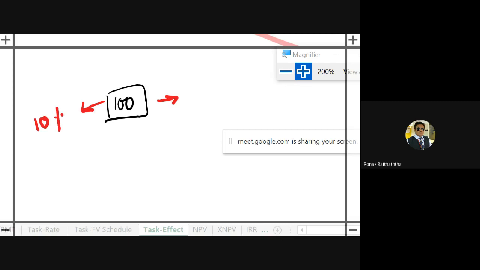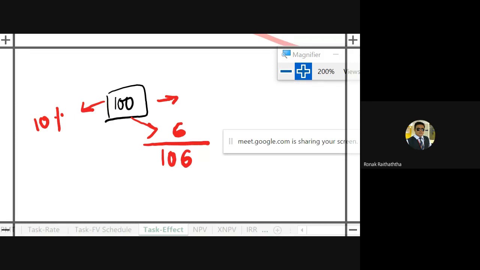Try to understand this. Now this gives you the 6 monthly return compounded 6 monthly. So on 100 you get 6% for the first 6 months, right? So on 100 if you get 6%, that comes at 6 rupees. So after the end of the first 6 months, the amount of investment shall be 106, right?